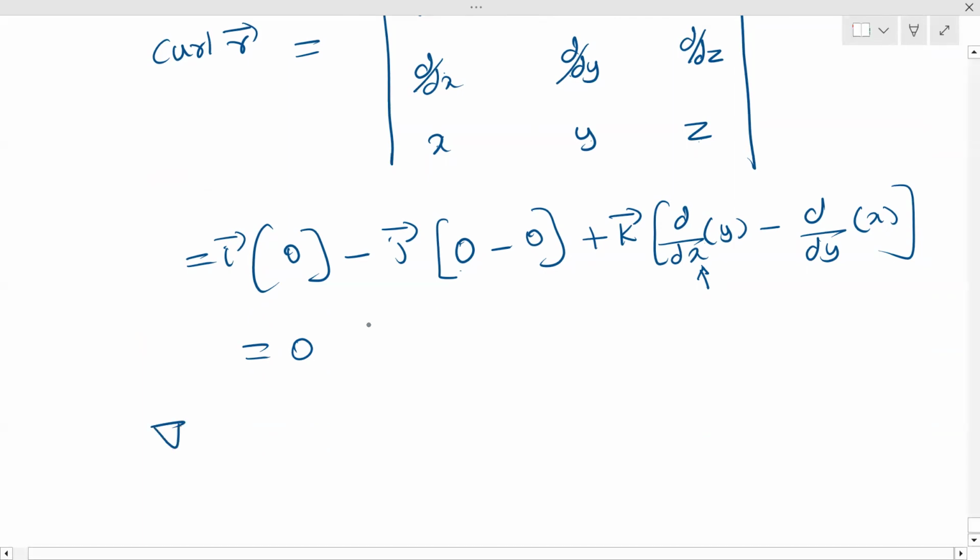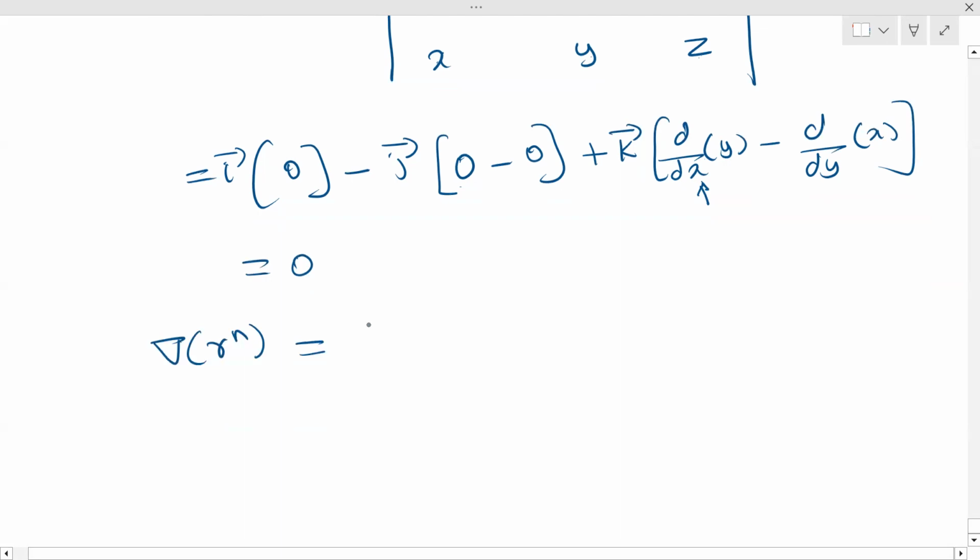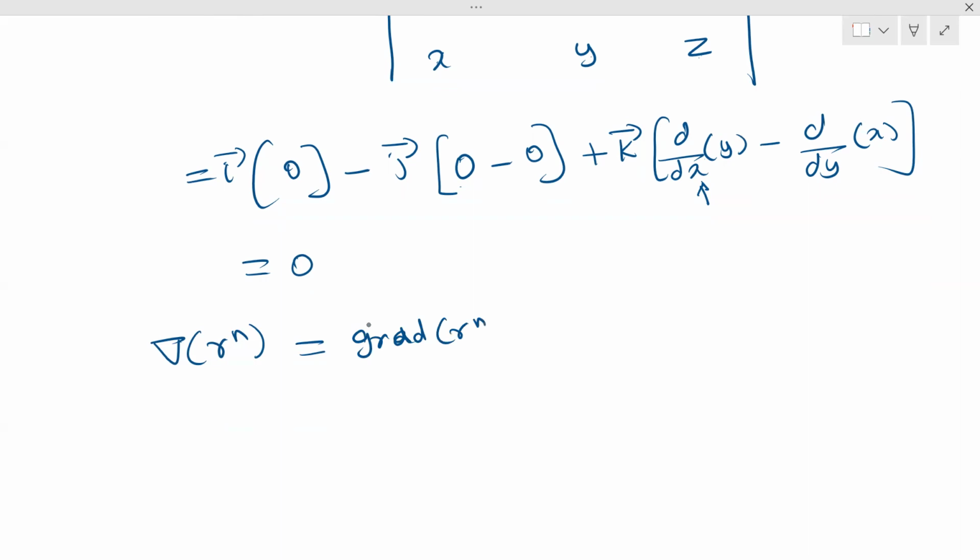Here the next part is to find del of r power n. Del of r power n means nothing but gradient. They are asking to find the gradient of r power n. So here, how to find the gradient: sigma of i vector into dou by dou x of r power n.